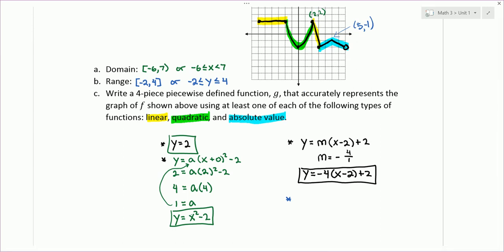So this has been shifted to the right 5 and down 1. So I'm going to start with y equals some number, which is the slope of the right-hand side, absolute value, been moved right 5, so x minus 5 inside the absolute value, moved down 1, so minus 1 tagged on at the end.